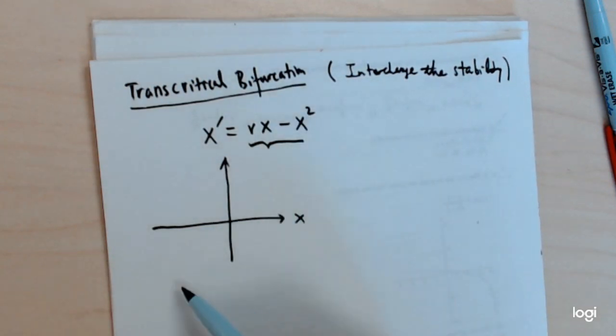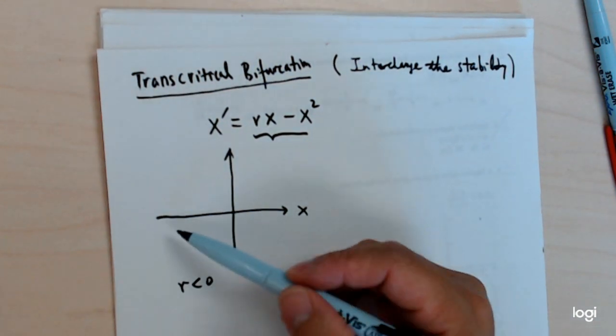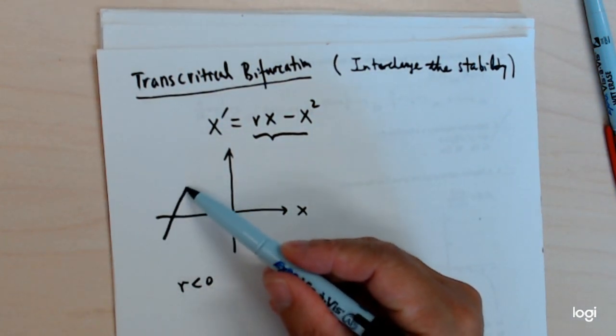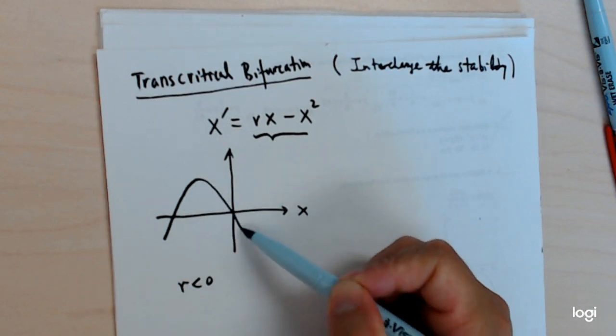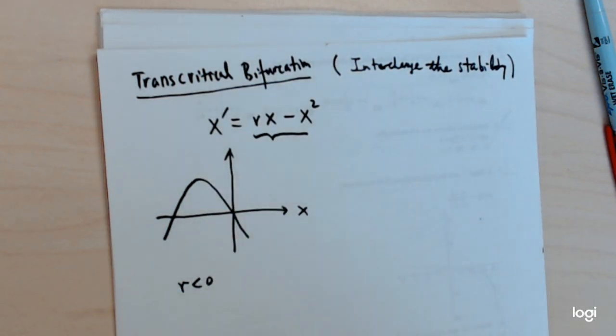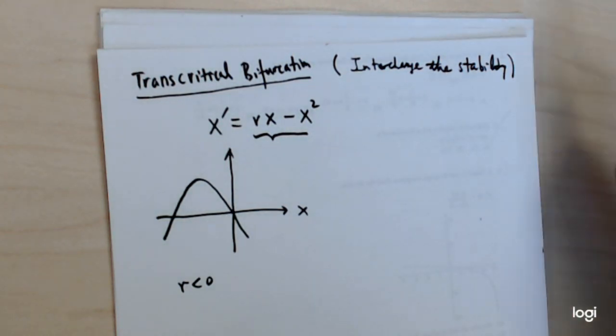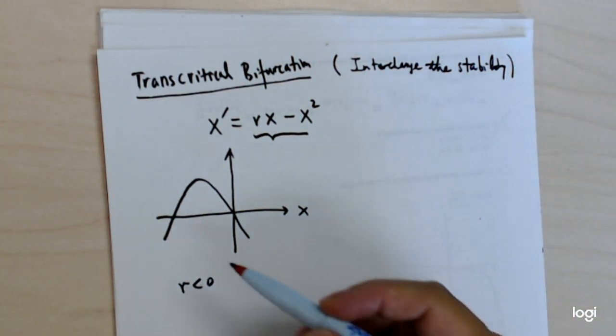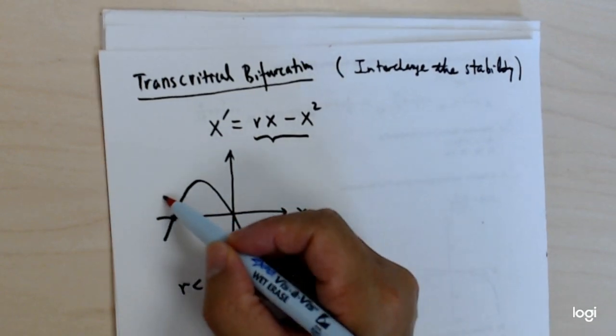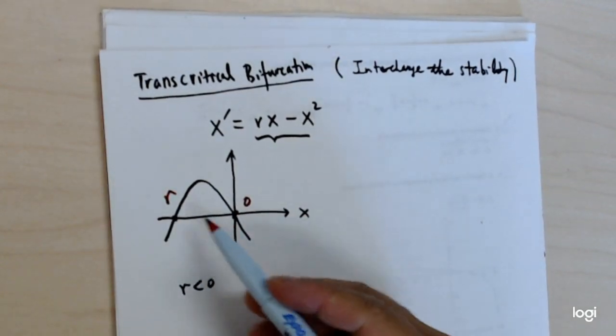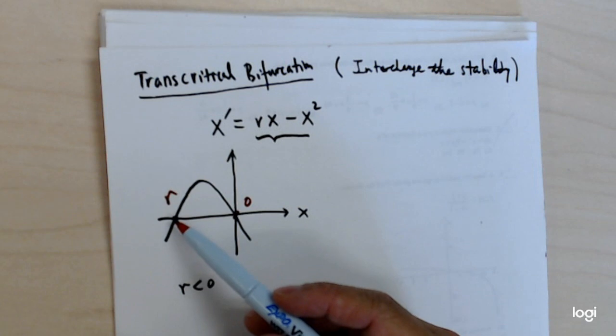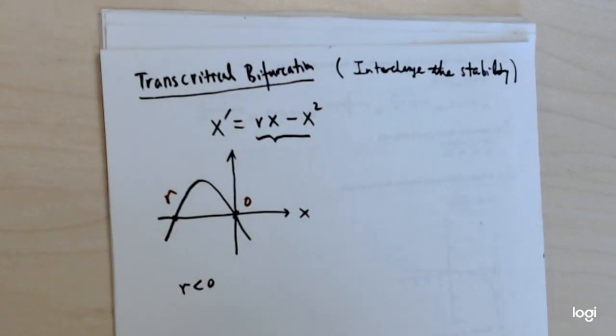When r is negative, the parabola is opening downward, and it's on the left side of the y-axis. So here is one of the equilibria, that's r, and this is 0. When r is negative, this equilibrium is on the left side.